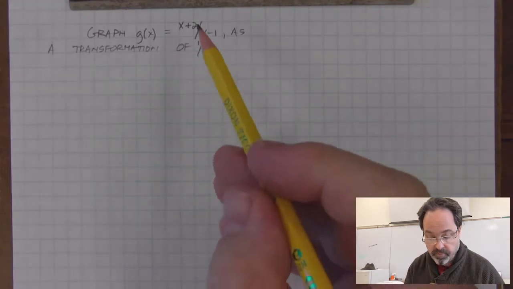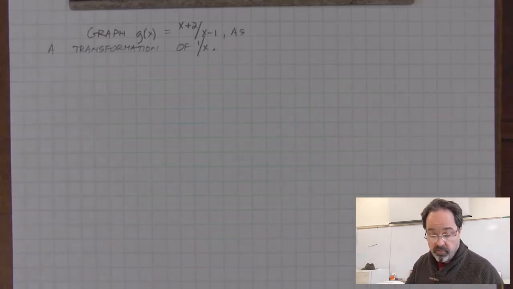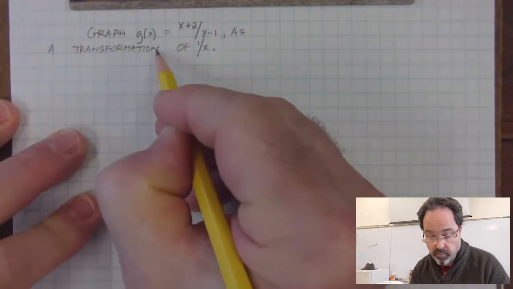We're going to consider that this function is a transformation of the parent hyperbola 1 over x, and then use what we know of transformations in order to graph it by hand. The reason why we would do this is not just to be able to produce the graph, but to gain confidence that we can do problems that seem very sophisticated without technology, and without guess and check. We're also going to review a very good algebra technique.